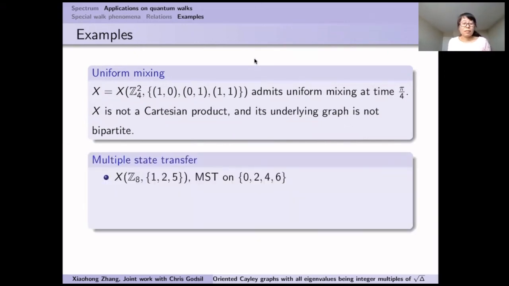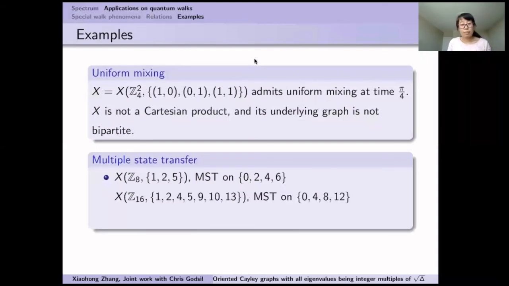Now there are also some nice examples in this family for perfect state transfer. Multiple state transfer on this set means that between any two vertices of the set, there is a time t such that there is a perfect state transfer from one vertex to the other. This corresponds to an oriented cocktail party graph.